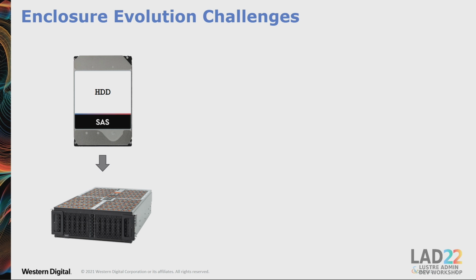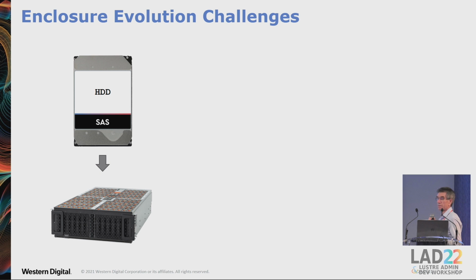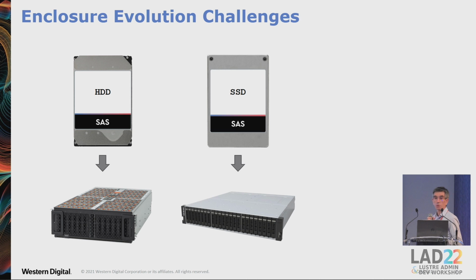Now let's look at the storage enclosure evolution and the challenges. This is a traditional JBOD product using a SAS dual-port drive. If you want to improve the performance of your parallel file system, you can move to the same type of enclosure with SAS SSDs, but basically the same architecture, same topology.